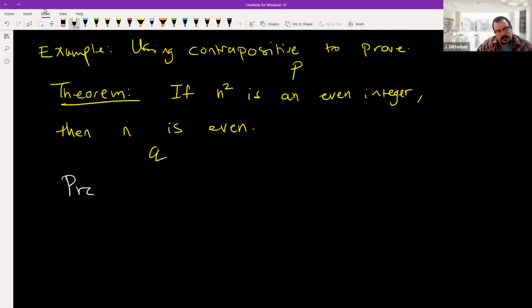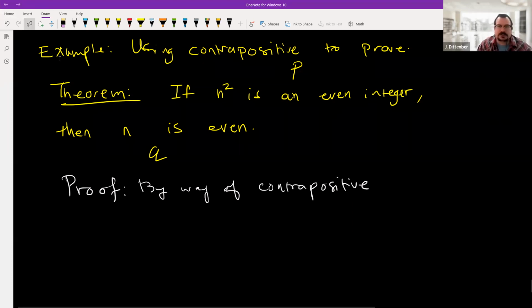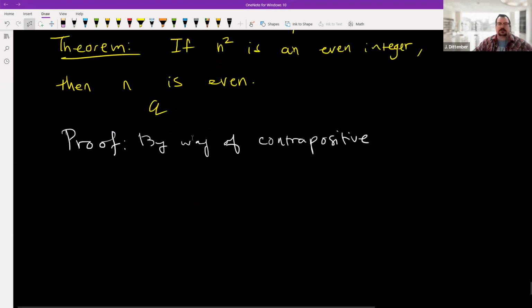So we'll write proof, and we'll say by way of contrapositive. You don't need to write that, but it doesn't hurt. There's a whole style to writing proofs, and there are some guidelines, but you can kind of find your own way. Okay. So proof by way of contrapositive.